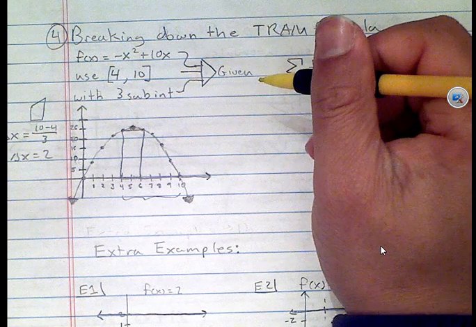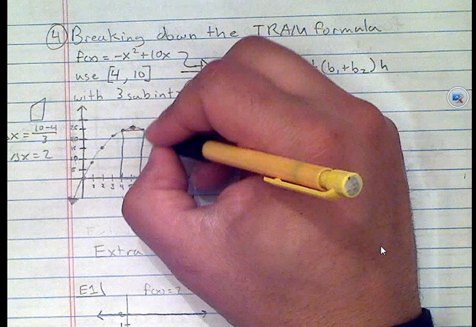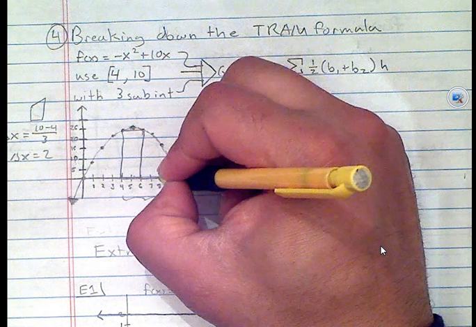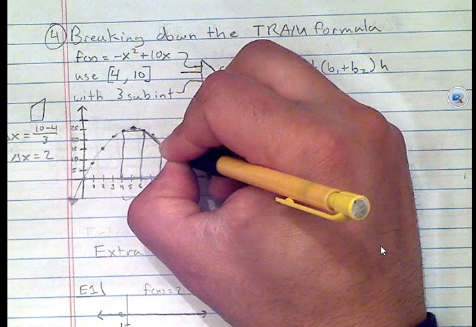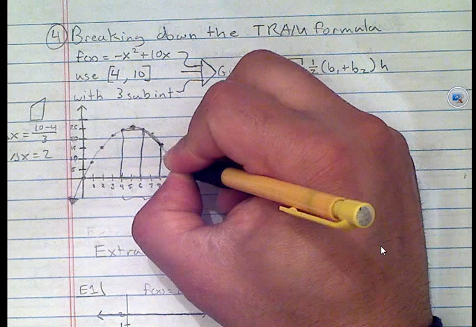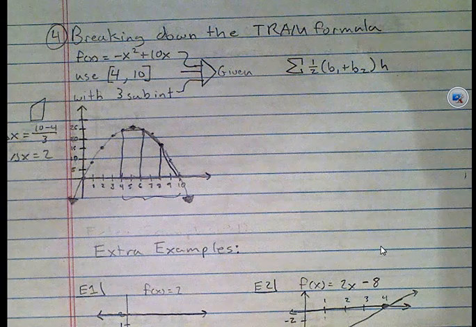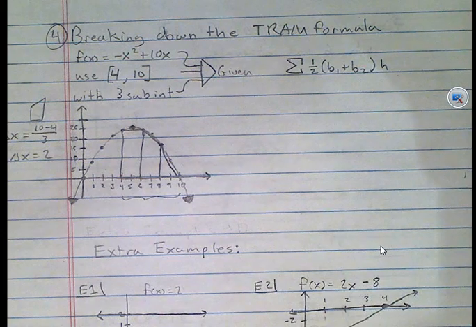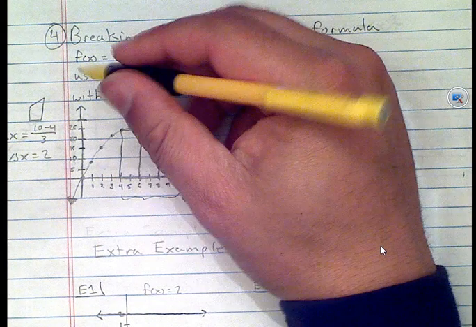I apologize, this example is kind of bogus. But then here to here, that looks like a good trapezoid. Then 9 to 10 is not even a trapezoid, it's more like a triangle. So these are all trapezoids, sort of. This one's more of a rectangle, but that's just the way it ended up being.